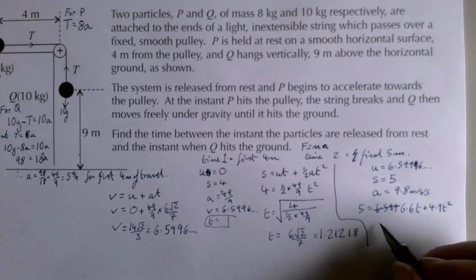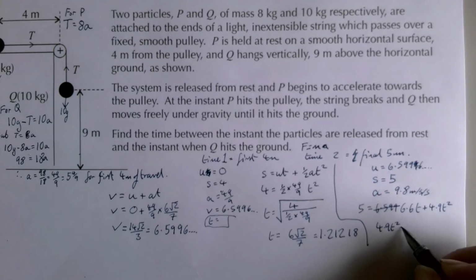And if I just rearrange that, I've got 4.9 t squared plus 6.6 t take 5 equals 0.